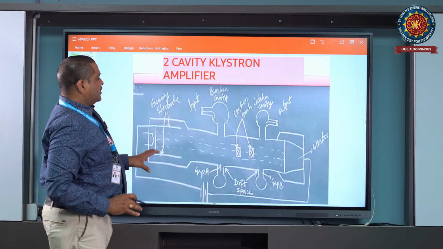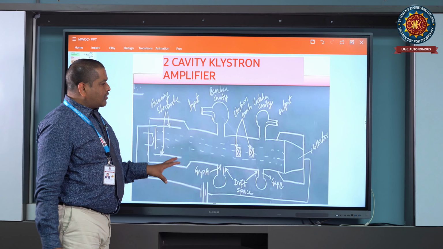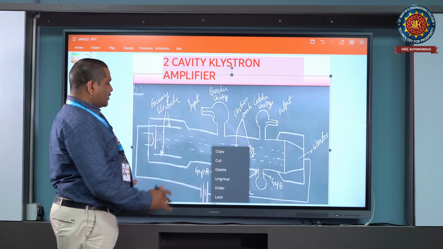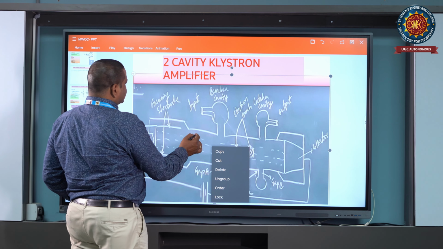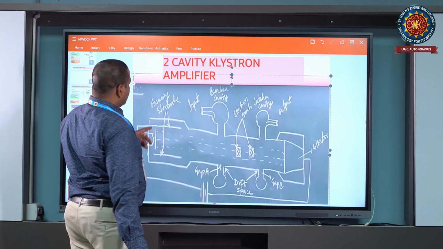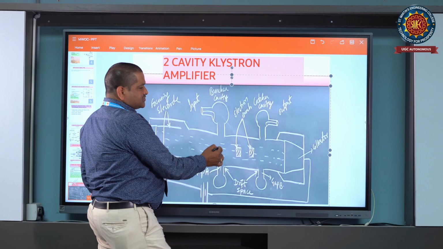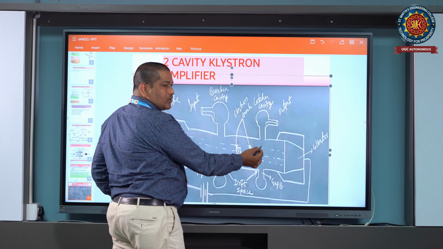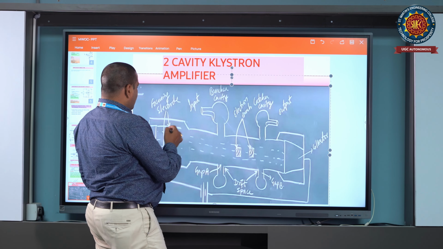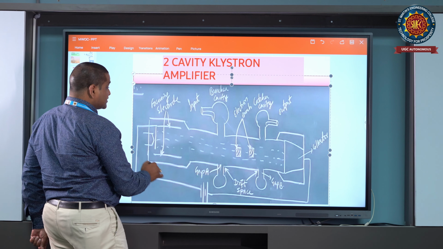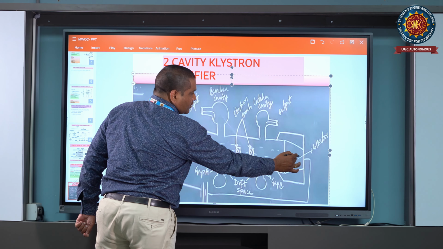This is the typical diagram representing the two cavity klystron. You can see here it has two cavities. One is called the buncher cavity and the second is called the catcher cavity. This is the cathode and this is the anode.